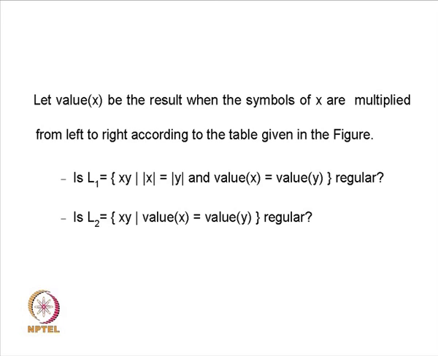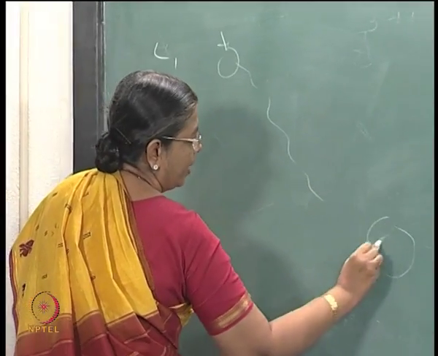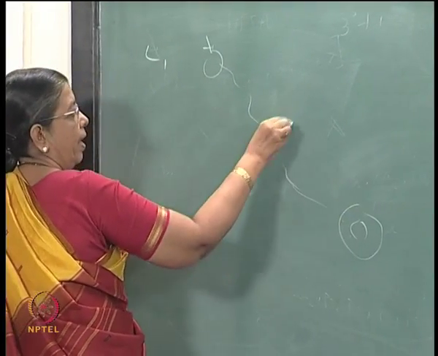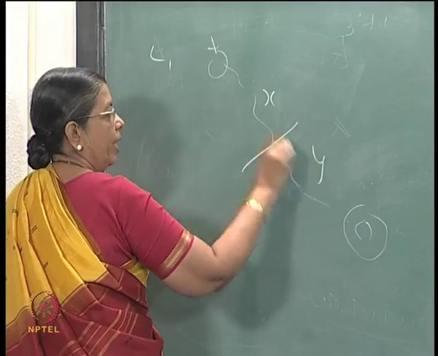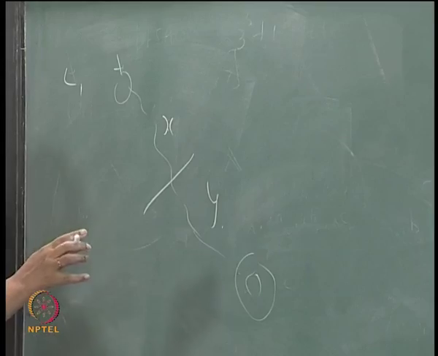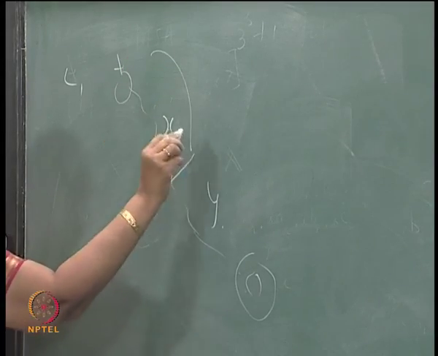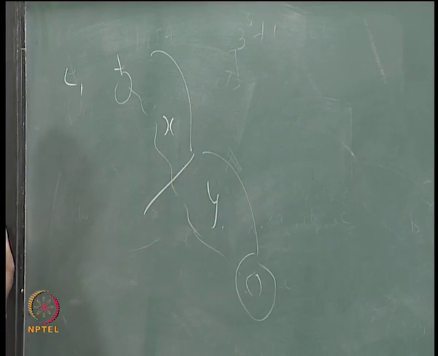So, the strings of L1, starting from the initial state you accept a string if this can be divided into equal portions such that the value of this is equal to the value of this.